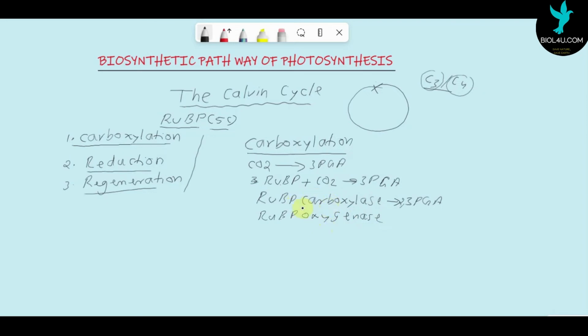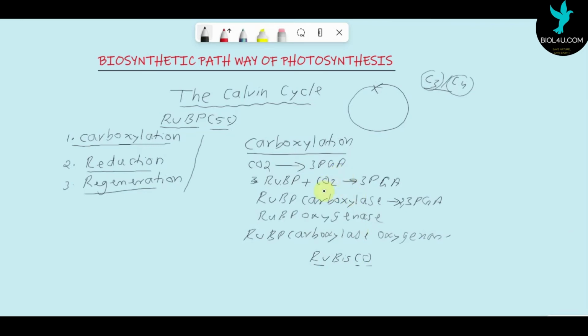Hence this enzyme is better known as RuBP carboxylase oxygenase, because the enzyme has both properties. In short, it is written RuBisCO. C means carboxylase, O means oxygenase. So this reaction takes place and produces the 3-PGA.